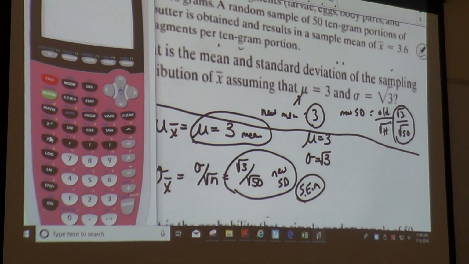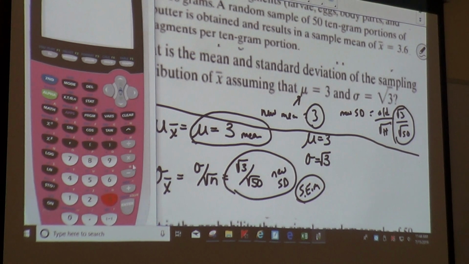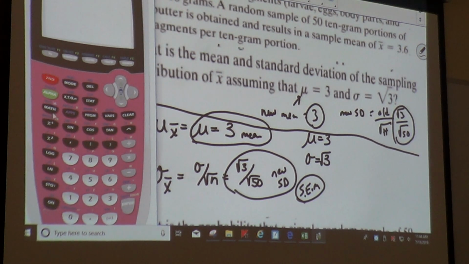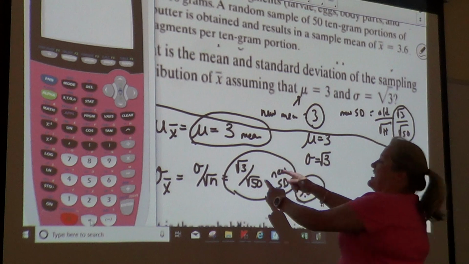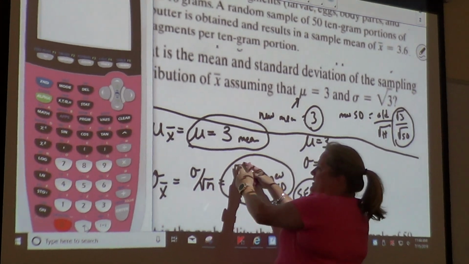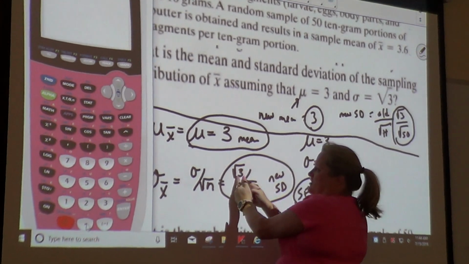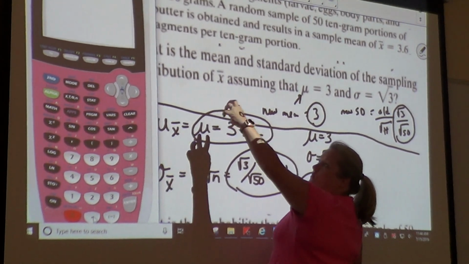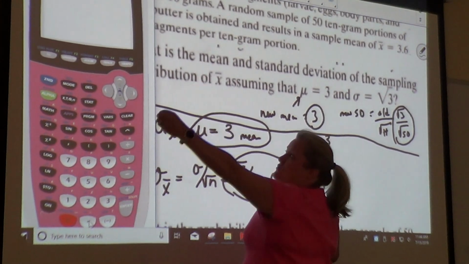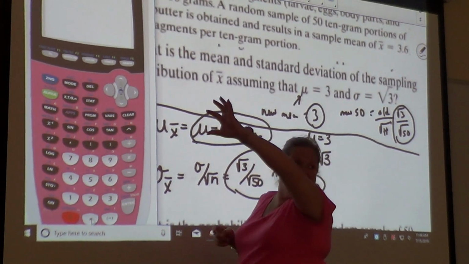because a lot of you are going to do this, and this is going to be wrong. That square root of 3 is the only thing that is in that upstairs square root. Right now, you have the square root of 50 within that square root of 3 because you didn't end that parentheses.